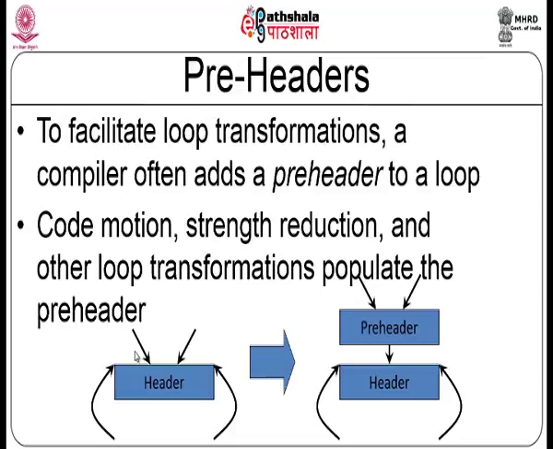Rather, we can move it to the pre-header where it is computed only once, and the result is used here for branching. That is why we need a pre-header. You add a pre-header to support loop optimization, either code motion, or strength reduction where you replace complex computation with cheaper ones, or other possible loop transformations.